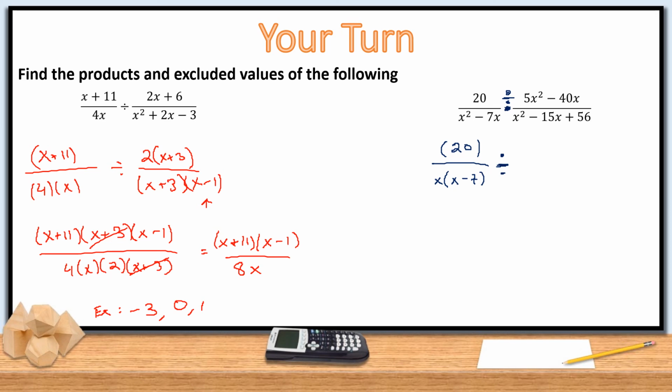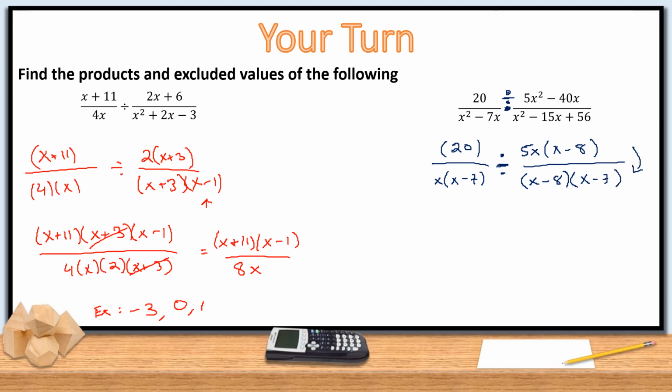5x squared minus 40x. So we've got 5x times x minus 8 all over x squared minus 15x plus 56. Factors are going to be negative 8 and negative 7. So x minus 8, x minus 7. All right, flip it and multiply.